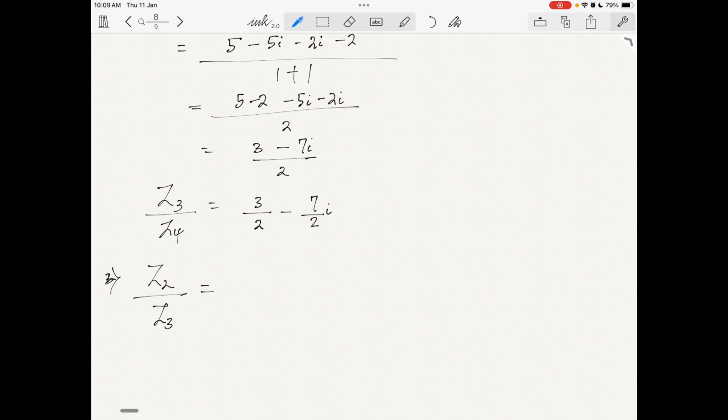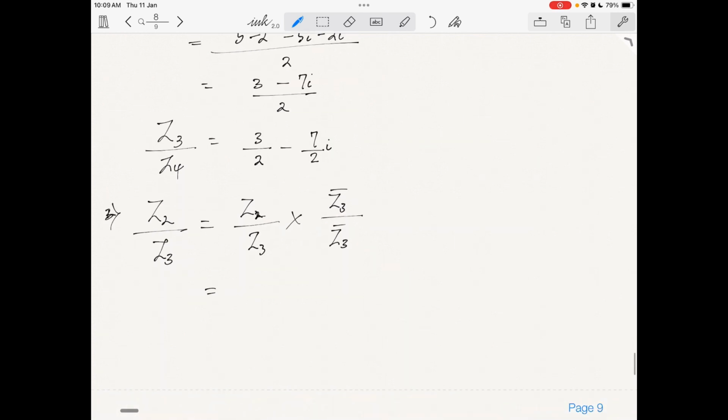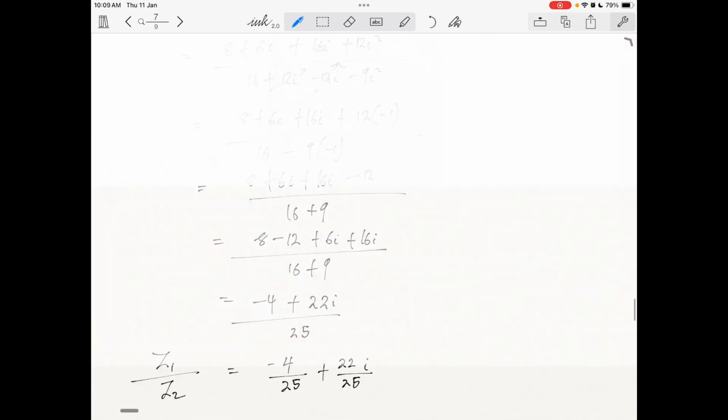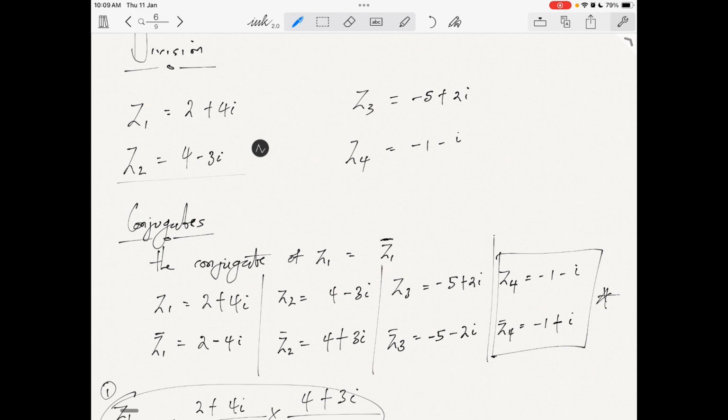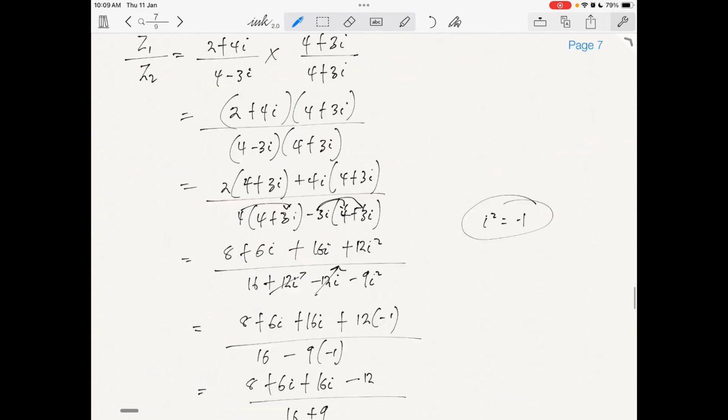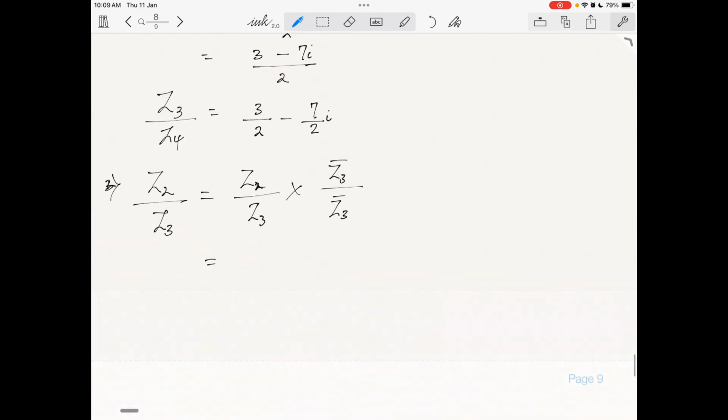Now Z2 divided by Z3. So we have it to be Z2 multiplied by Z3 bar divided by Z3 bar, and we are multiplying by the conjugate of the denominator. Now the conjugate of the denominator is Z3 bar. From the question we have Z2 to be 4 minus 3i.